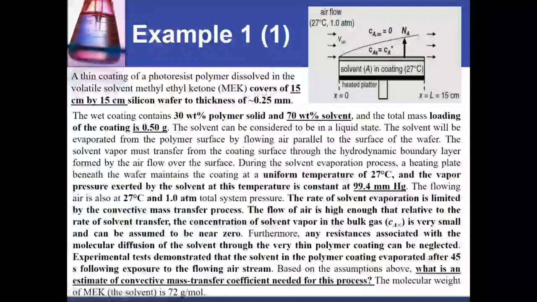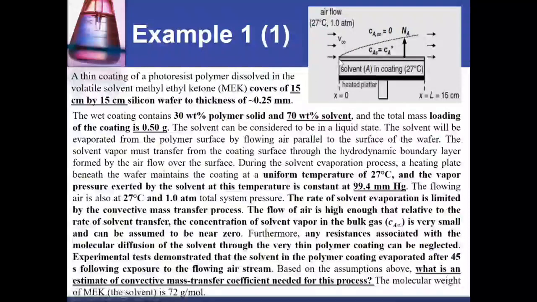The coating covers this surface here. The thickness of the coating is 0.25 millimeters, so the thickness from here to here is 0.25 millimeters.